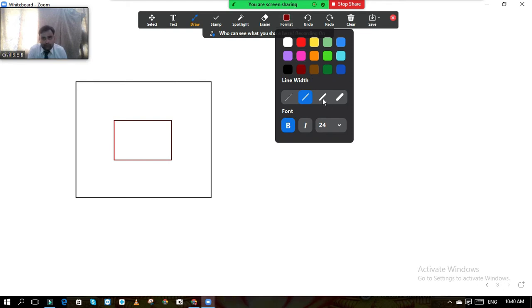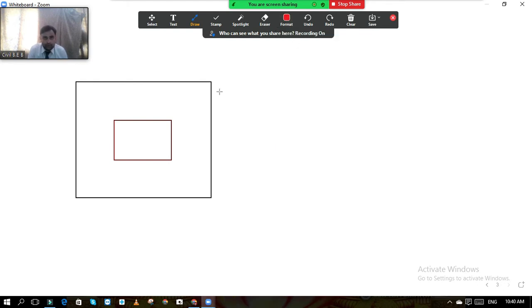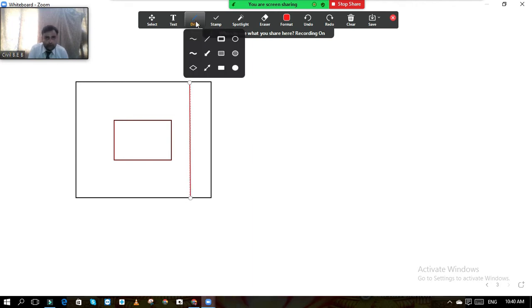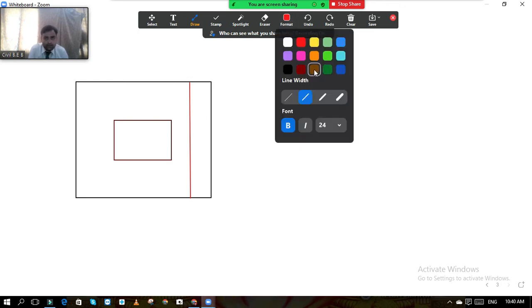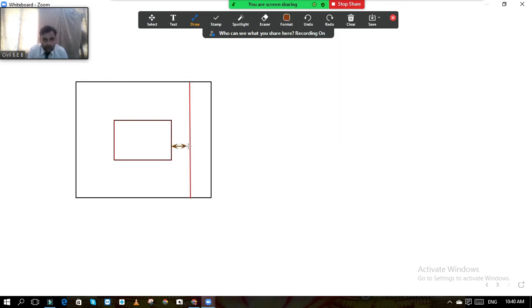I will draw the line. This distance is d from the face of the column. This red line which I have shown is the critical section, and this is called a vertical strip.